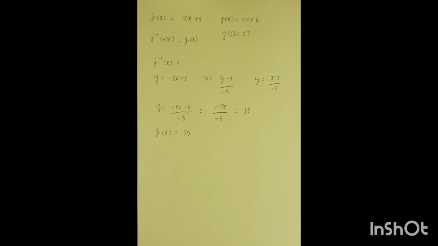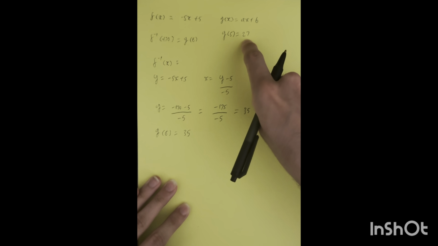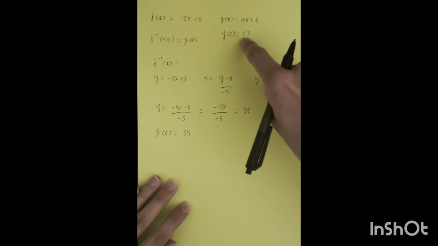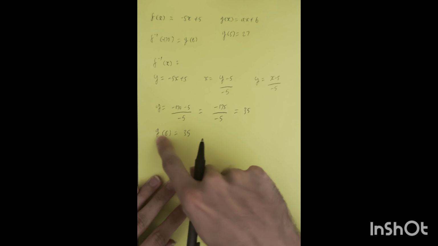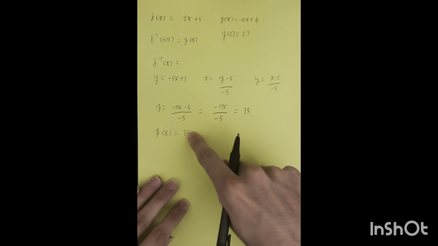Now I think we can form a pair of simultaneous equations to solve this. If g of 5 equals 27, then 5 times a plus b equals 27. And if g of 6 equals 35, then 6 times a plus b equals 35.